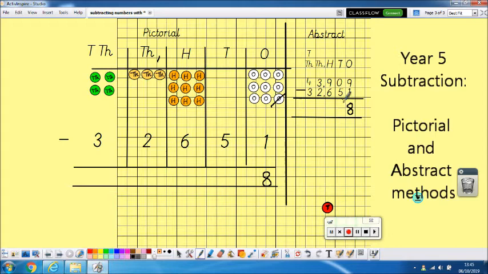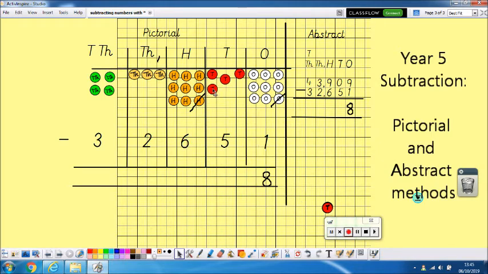Now on to my tens column. Oh my goodness, I've got no tens here, but I'm still being asked to take away 5 tens. So this is where the exchange comes in. I'm going to exchange one set of 100 for 10 sets of 10. Now I can't put hundreds in my tens column, but I can put tens in there.